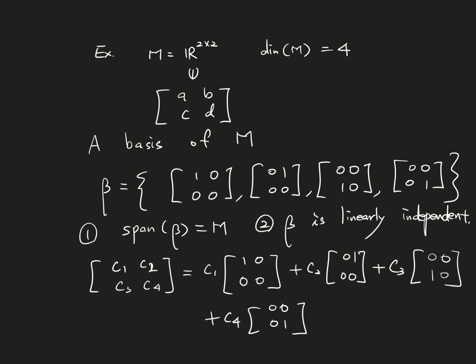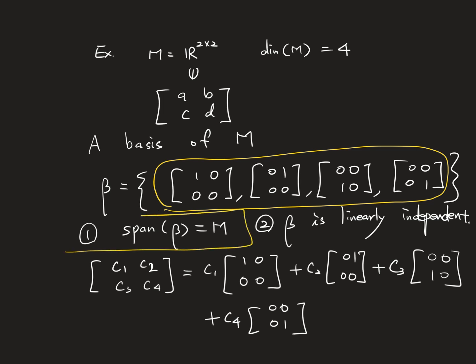We can generate any element as a linear combination of these four matrices. So number 1 is proved in this way.